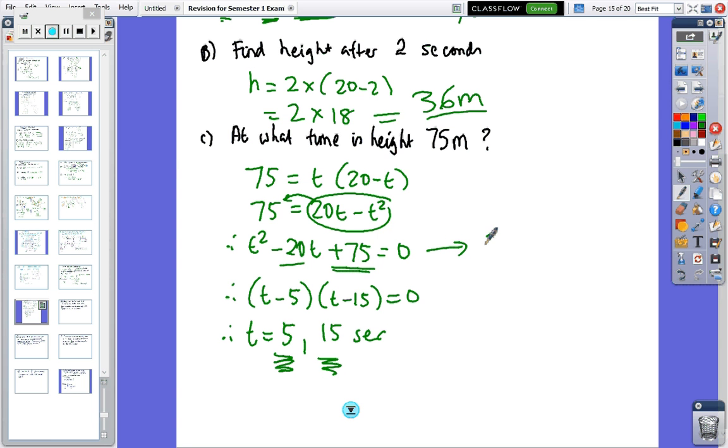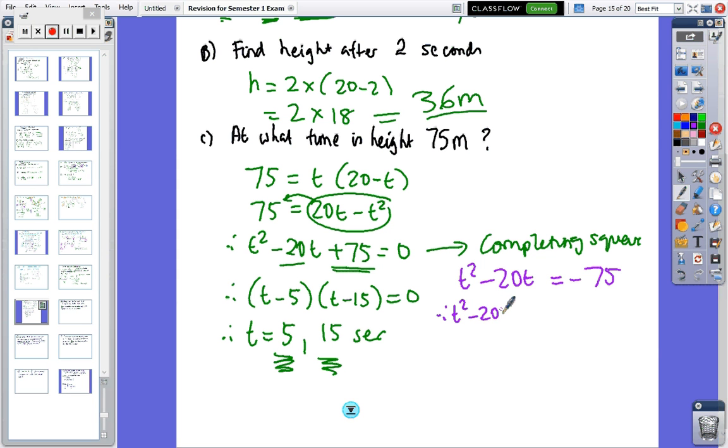Obviously you could use the completing the square method as well. So I'll just do that really quickly if I can. So I've got t squared minus 20t equals minus 75. T squared minus 20t. Half that number is minus 10. So square it, you get 100. So I get minus 75 plus 100.